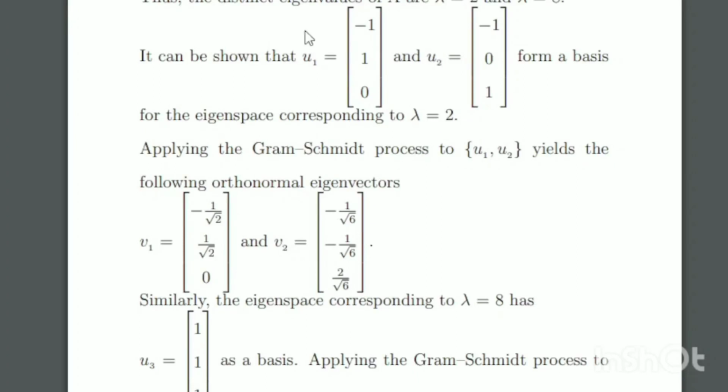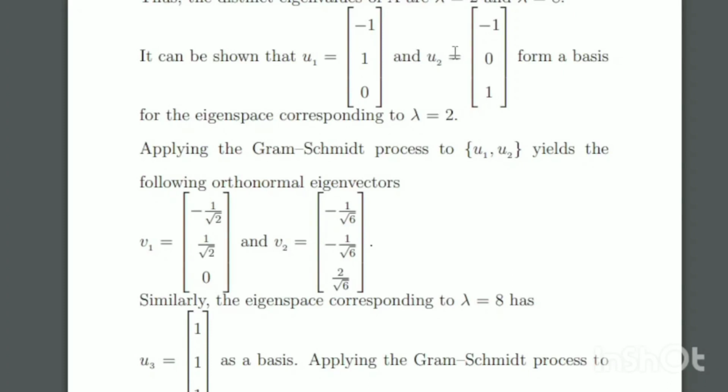After finding the characteristic polynomial and the eigenvalues, you will get the eigenvalues as lambda equal to 2 as a double root and lambda equal to 8. Corresponding to lambda equal to 2, you will get two eigenvectors: one is (-1, 1, 0) and the other (-1, 0, 1). And corresponding to lambda equal to 8, you will get the eigenvector (1, 1, 1).